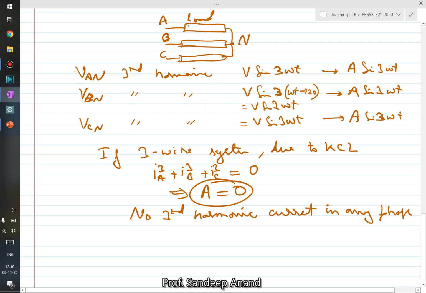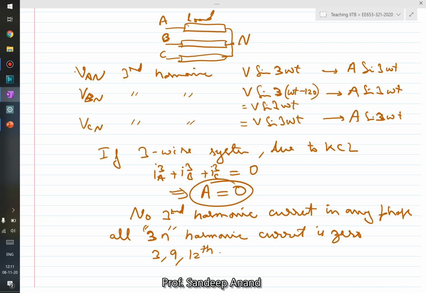Not just third, all triple N harmonic current is 0. So third harmonic, ninth harmonic, 12th and so on. Sorry, sixth is anyway 0, 12th is anyway 0 because of the symmetry.